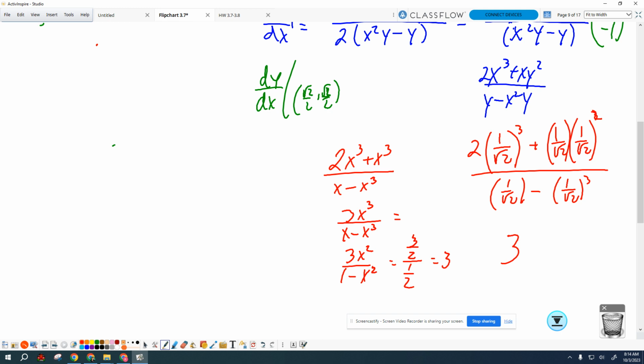You plugged it in. Make the numbers smaller. They're the same. And I like 1 over 2 better. But you can do whatever. But yeah, I cheated. So much faster this way.